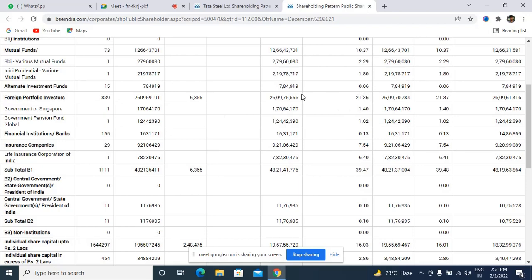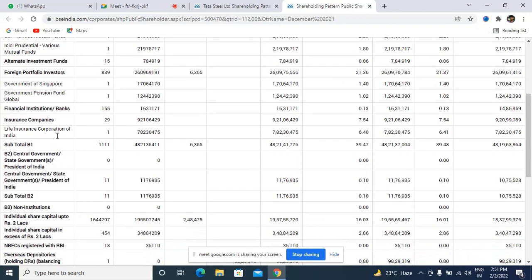So this is 21.36%. It holds a significant stake. Now, who are these foreign portfolio investors? Let us look at it. Government of Singapore, Government Pension Fund Global, their stake. These are the major shareholders you can see. Financial institutions and banks, this percent. Insurance companies, this percent.